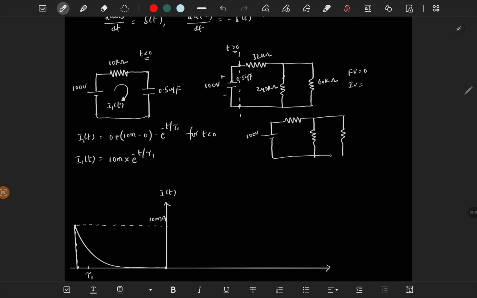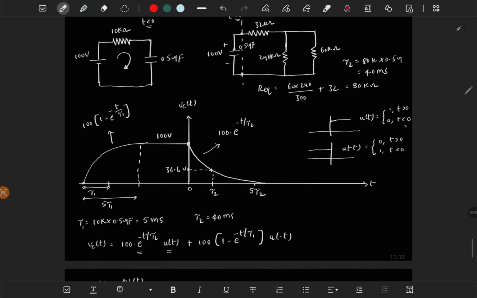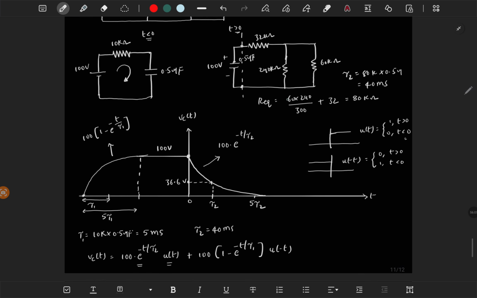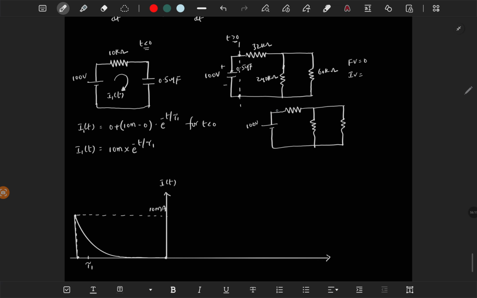R equivalent is 80 kilo ohm, that we got already. So this is 80 kilo ohm R equivalent, and this is 100 volt.